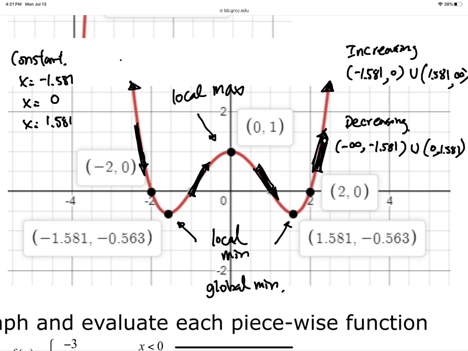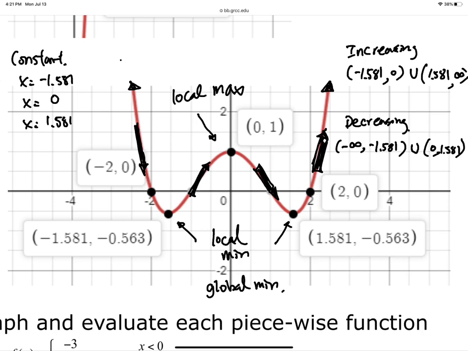So yeah, local min, local max is a fairly straightforward concept to talk about, but we just gotta make sure we don't get them confused. For increasing and decreasing, again, I like to use a pencil because my pencil is like my straight line. I think about the slope of my pencil, and that helps me tell, as I go from left to right, which section of the graph is increasing or decreasing.